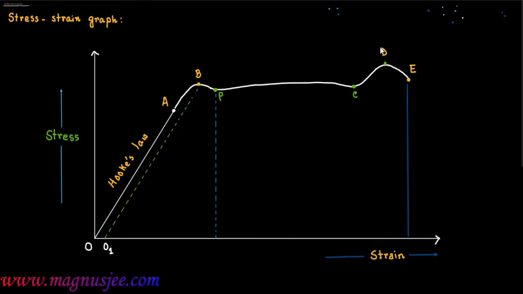We can draw a normal from the point P, and also we can draw a normal from the point E on the strain axis. And also we can draw a normal from the point B on the strain axis.